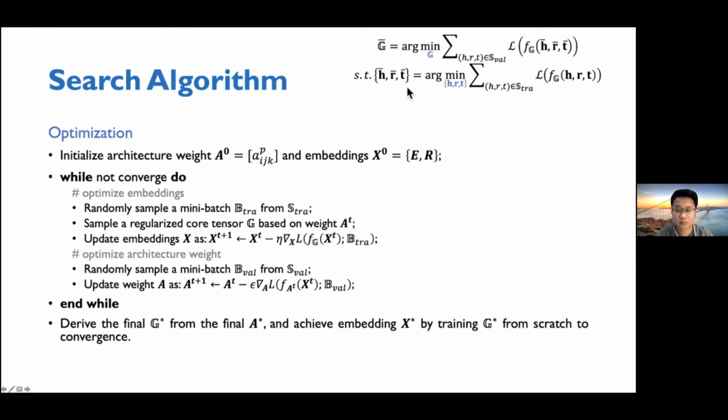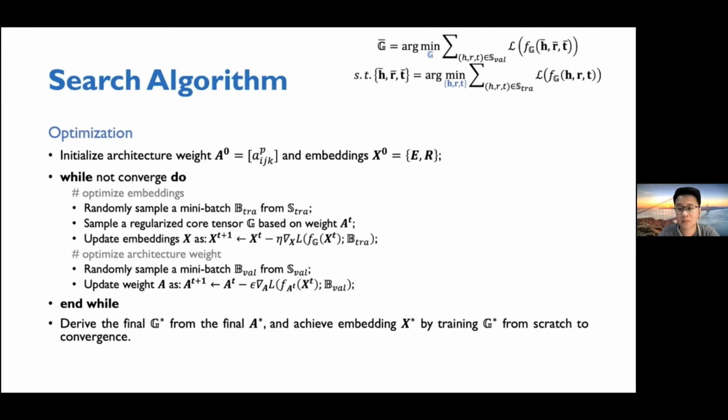Here is how we solve this problem. First, we initialize the architecture weight A0 and embeddings X0. While not converged, we proceed in an alternating way. First, we optimize the embeddings, and then we optimize the architecture weight. In the embedding optimization, we first sample a mini-batch of data from the training data, then sample a regularized core tensor based on the current architecture weight, and then update the embeddings.